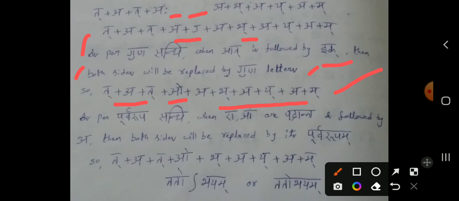Because O is the Padanta and followed by A. So as per Purvarupa Sandhi, when A or O is at the Padanta and followed by the letter A, both will be replaced by its Purvarupam. So here O plus A are there. So both will be replaced by O. And all the other letters remain as they are.